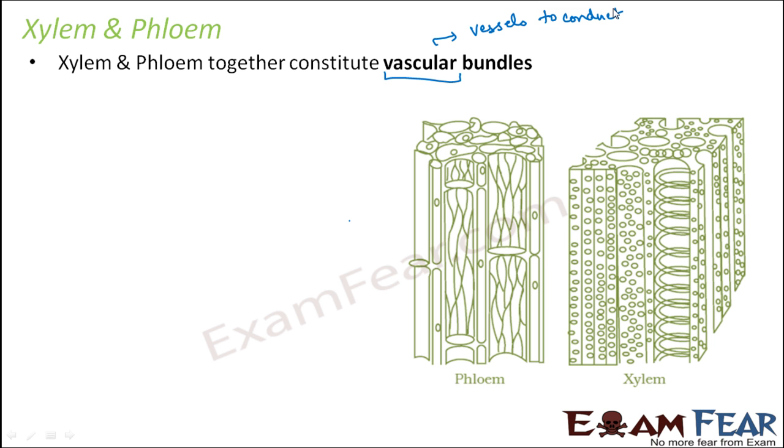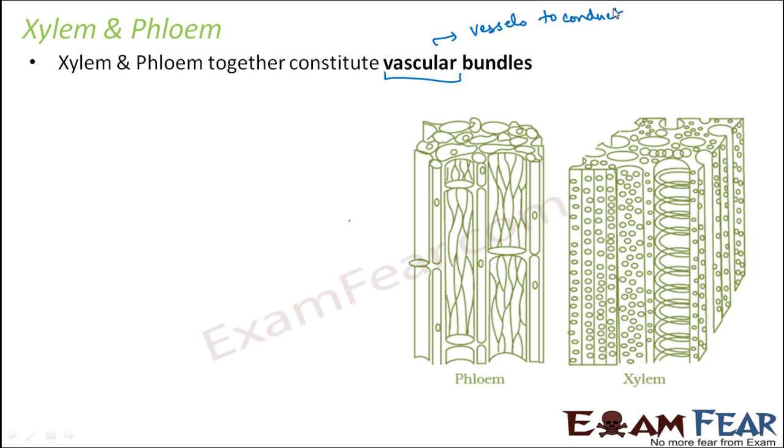Now, who prepares food in a plant? We all know the process of photosynthesis, and this process happens only in the leaves of the plant. But it is not only the leaves that need food, the entire plant needs it. The roots also need food, the stems also need food, the flowers also need it, every part of the plant needs food. Similarly, water. Who brings water to the plant?